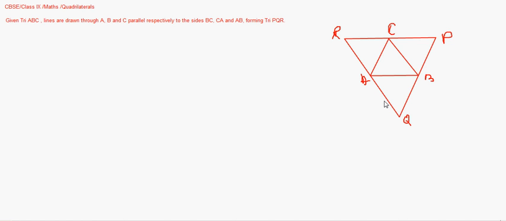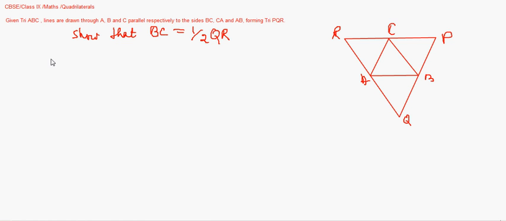Against this question, we are supposed to show that BC is half of QR. To do so, we see that there are lines drawn parallel.